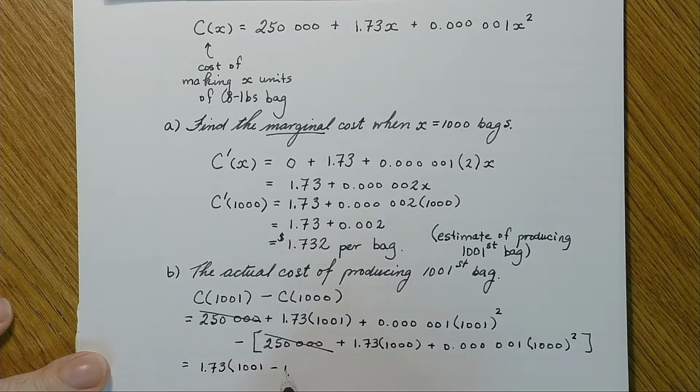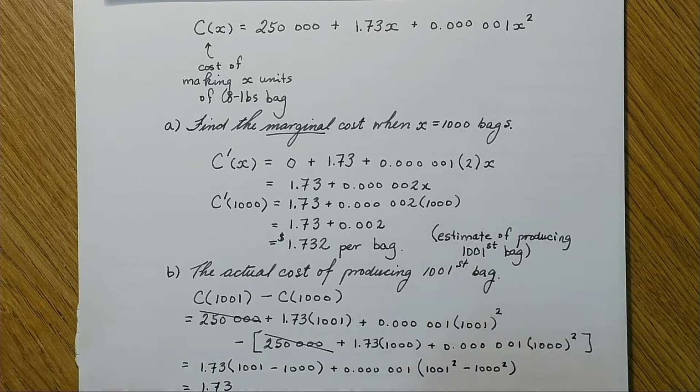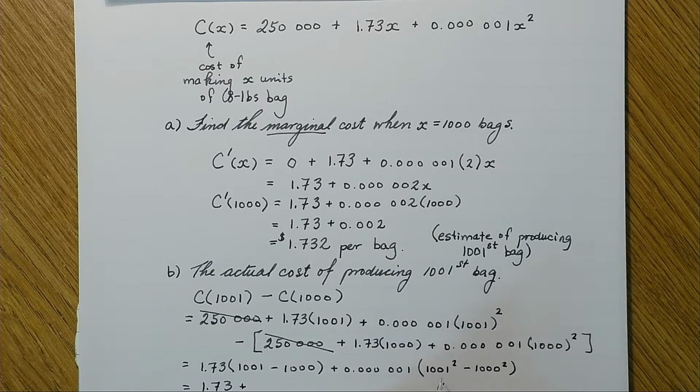1001 minus 1000. Plus 0.000001, 1001 squared minus 1000. So I'm left with 1.73 plus 1001 squared minus 1000.